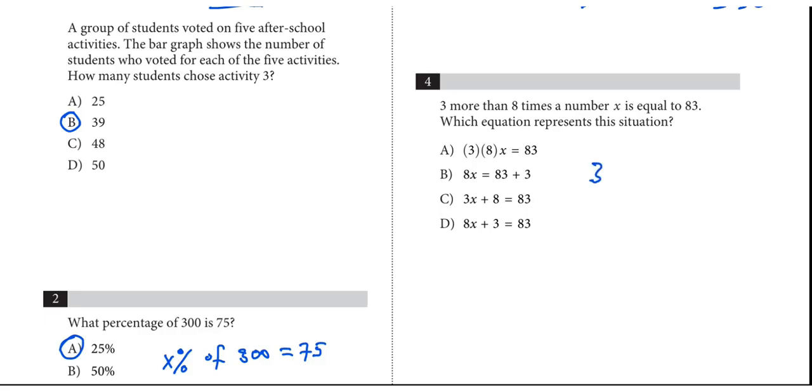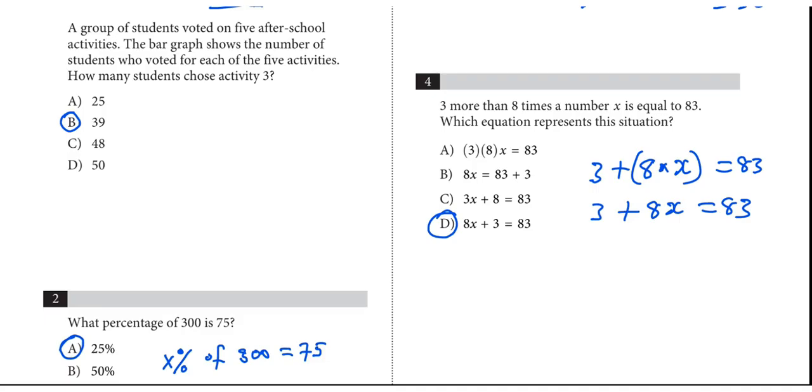That means 3 plus 8 multiplied by x is equal to 83. And 8 times x is 8x. So this becomes 3 plus 8x is equal to 83. So looking at the options, D is the correct answer to this question.